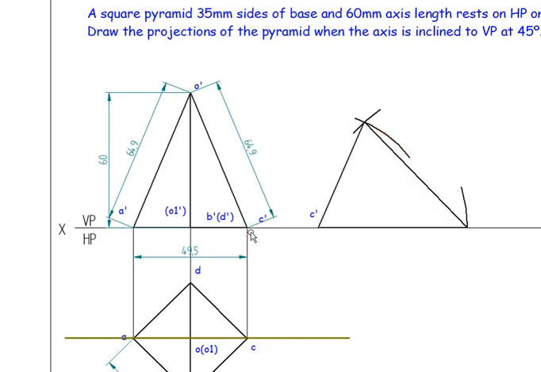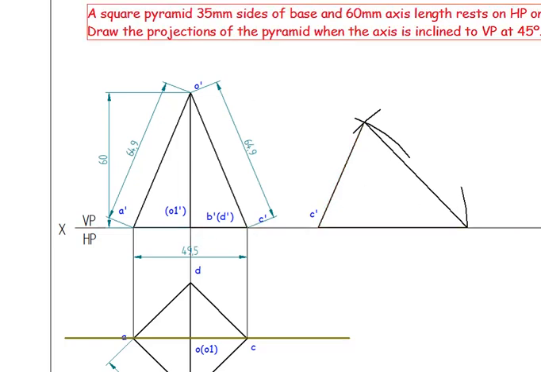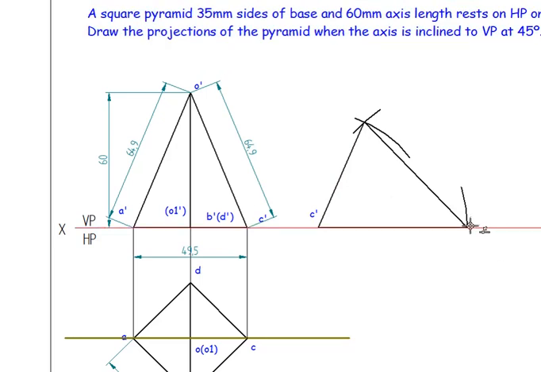Now I'm going to take this measurement from C dash to A dash. I'll take this distance, I'll cut an arc with the compass, and I'm going to draw it. But in the software it is not the same way as how we construct it manually.